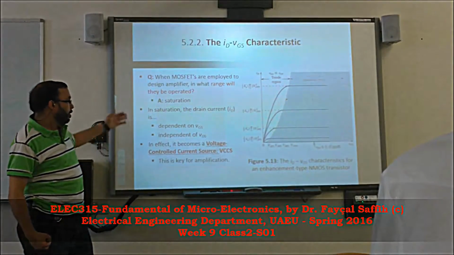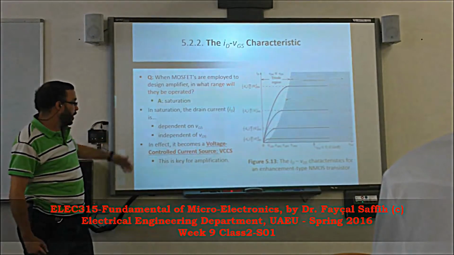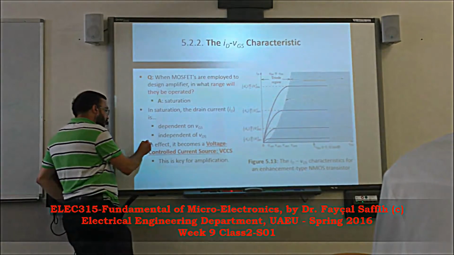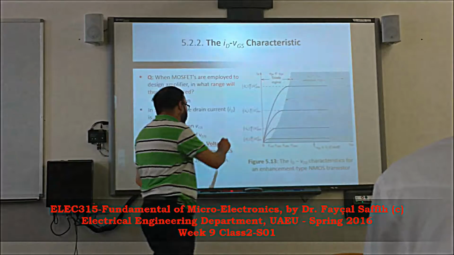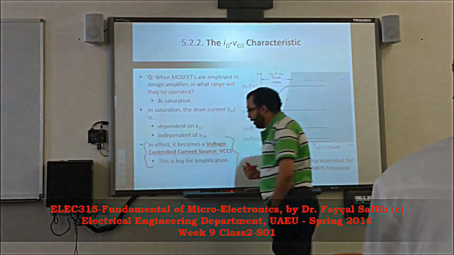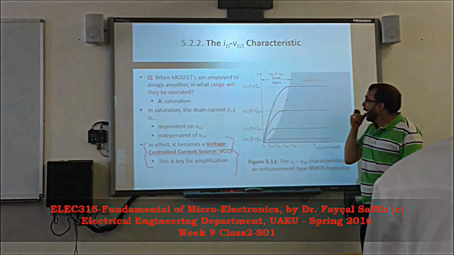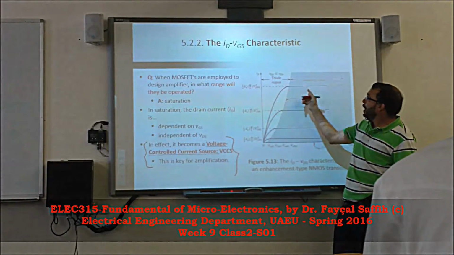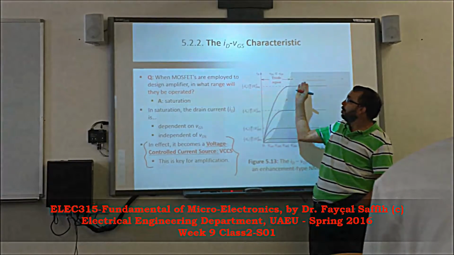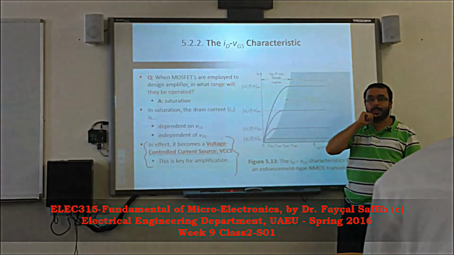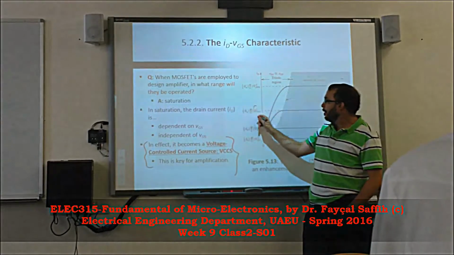Alright, the only thing we need to add here is this fact. This is a very important thing. Who dictates the saturation current? It's actually the overdrive, yes or no?